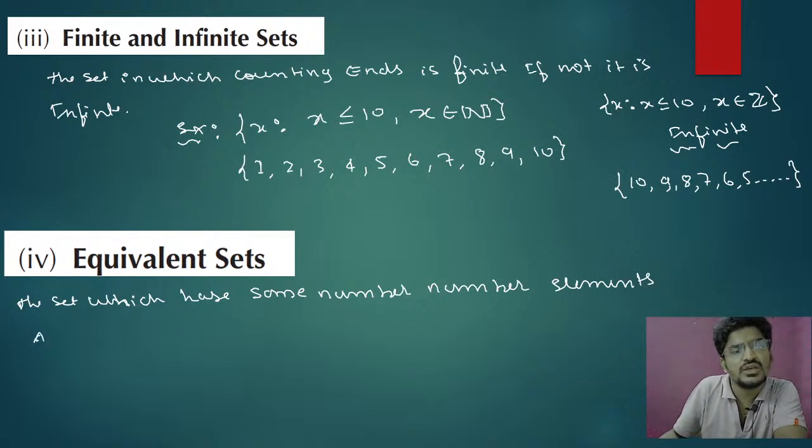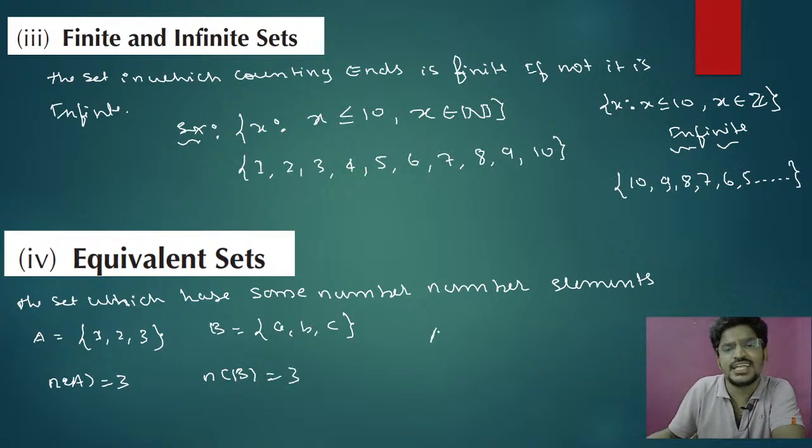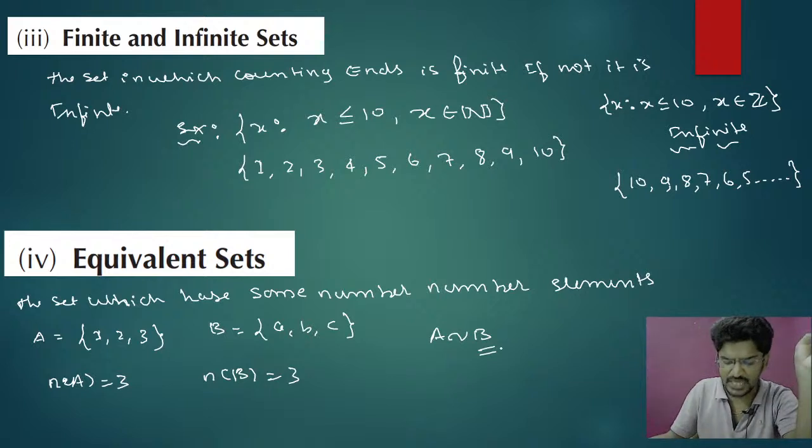That means you can take set A equal to {1, 2, 3} and set B equal to {a, b, c}. So see here, n(A) is 3, n(B) is 3. So I can tell that A is equivalent to B.